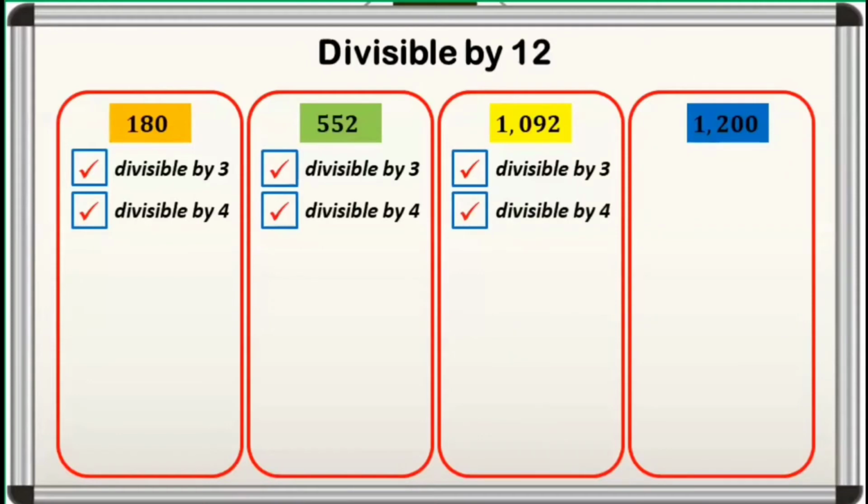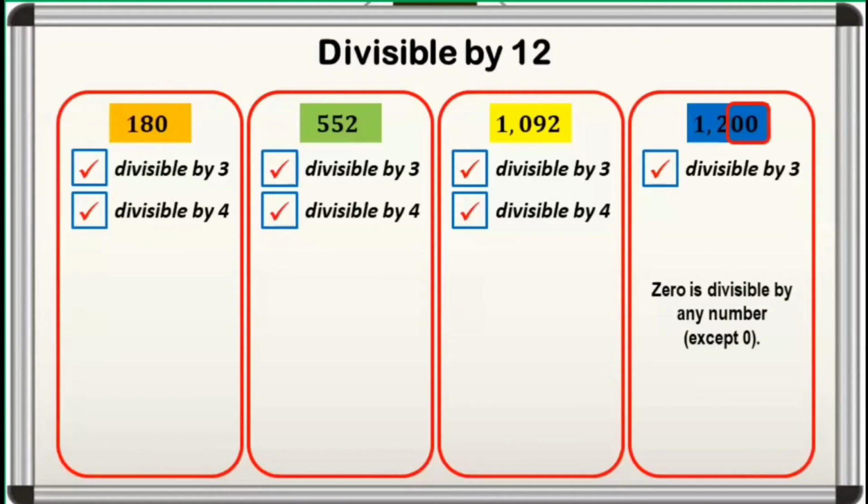For the last number, 1200, the sum of its digits is 3. So, the given number obviously is divisible by 3. Also, the number formed by its last two digits is 0. And it is known to be divisible by 4. So, the given number must also be divisible by 4.